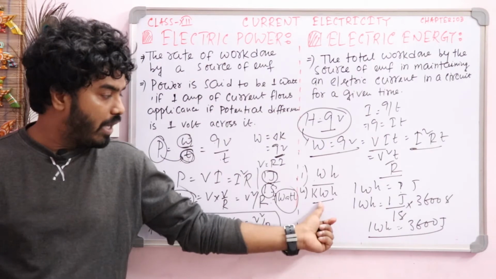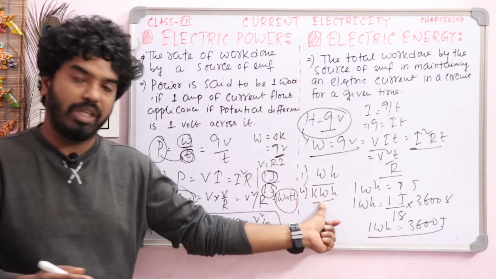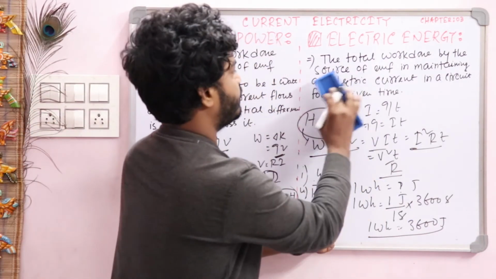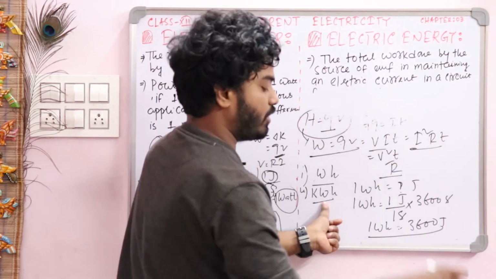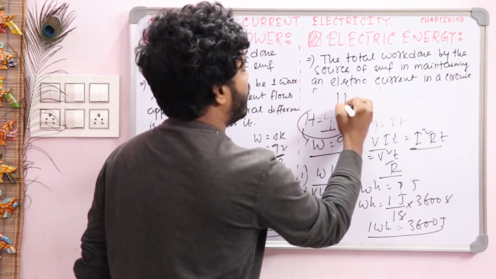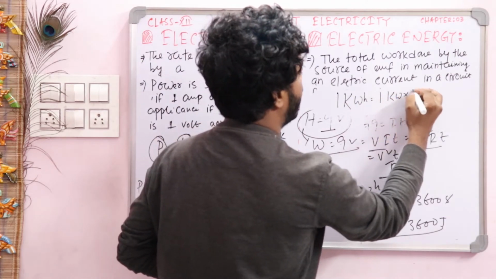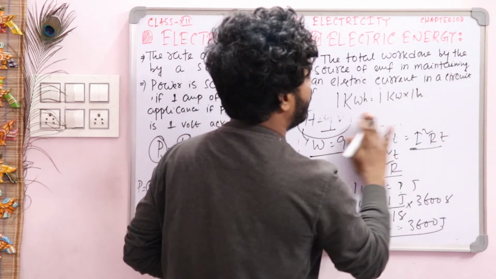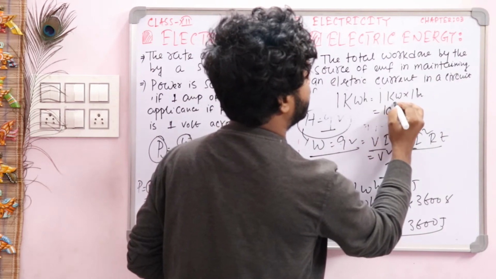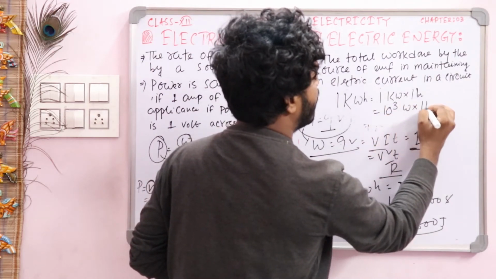Now you convert 1 kilowatt hour into joule. Same method. 1 kilowatt hour is equal to 1 kilowatt into 1 hour, and 1 kilowatt means 10 to the power 3 watt into 1 hour.